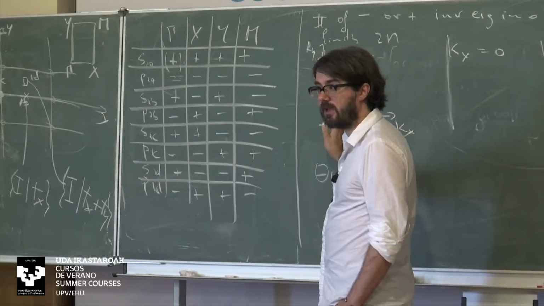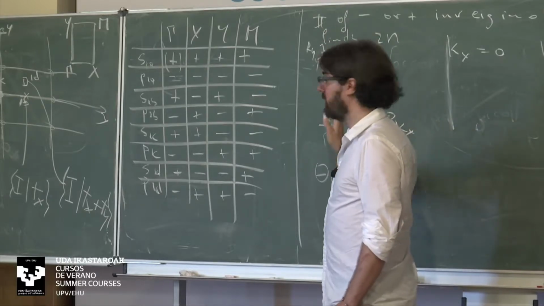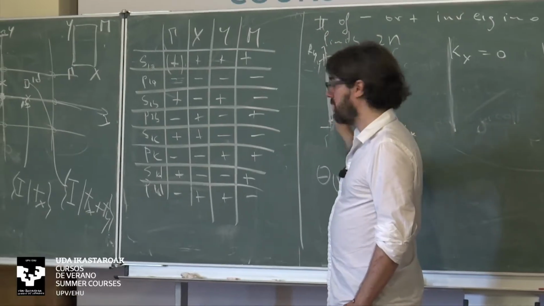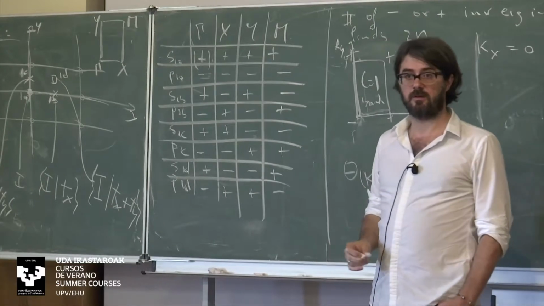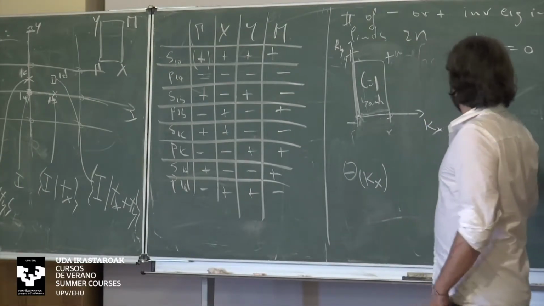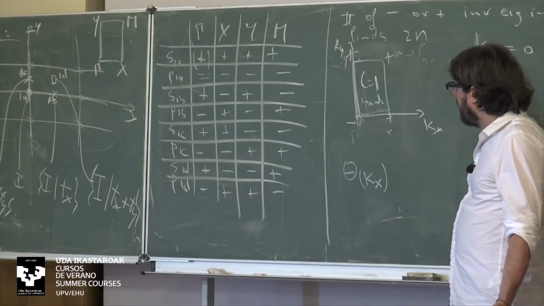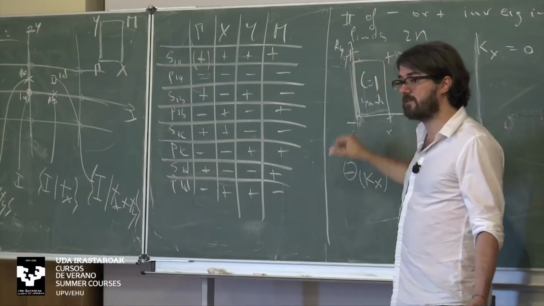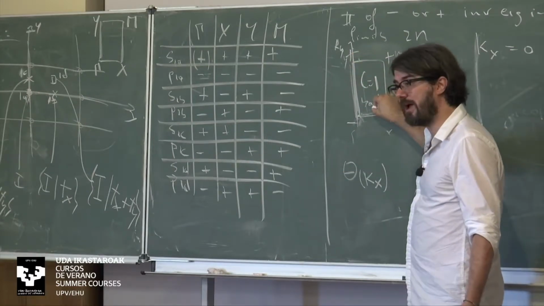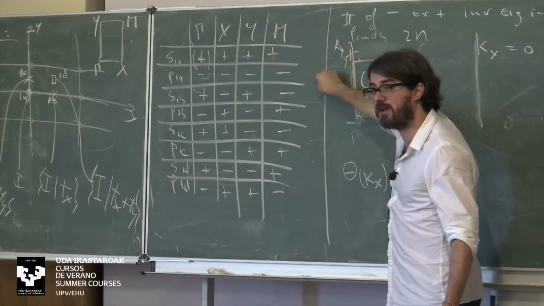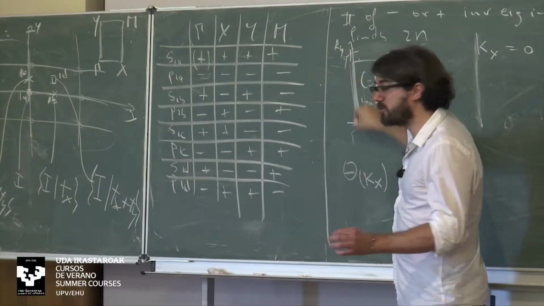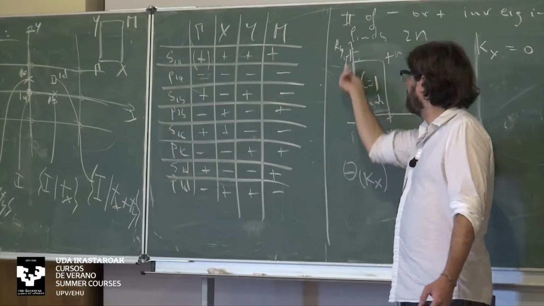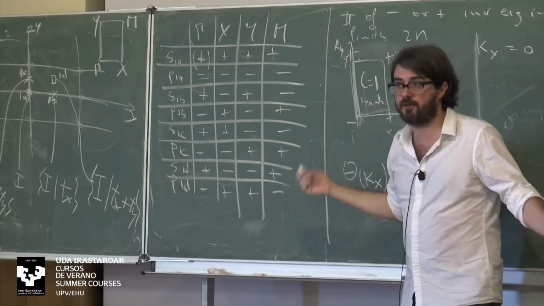For every kx, I can think of it as a one-dimensional system in the y direction, and I can plot its eigenvalues. Is this clear? At kx equals 0, I have inversion symmetry of this 1D system. At kx not equal to 0, I don't have inversion symmetry because inversion sends me to minus kx. But at kx equals 0, I have inversion symmetry, and that's why these points gamma and y are labeled by inversion eigenvalues.